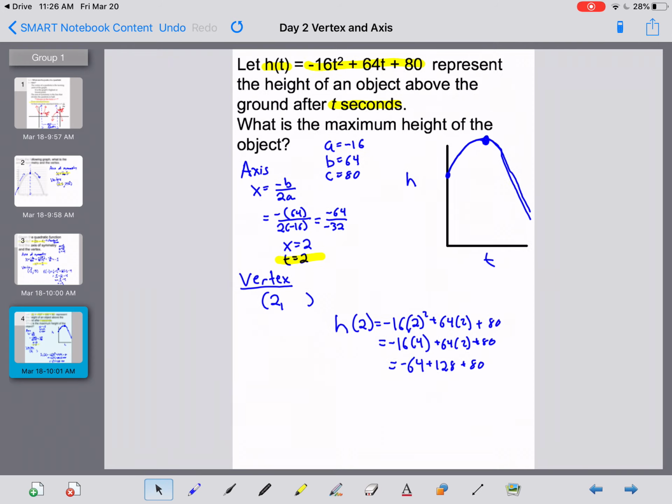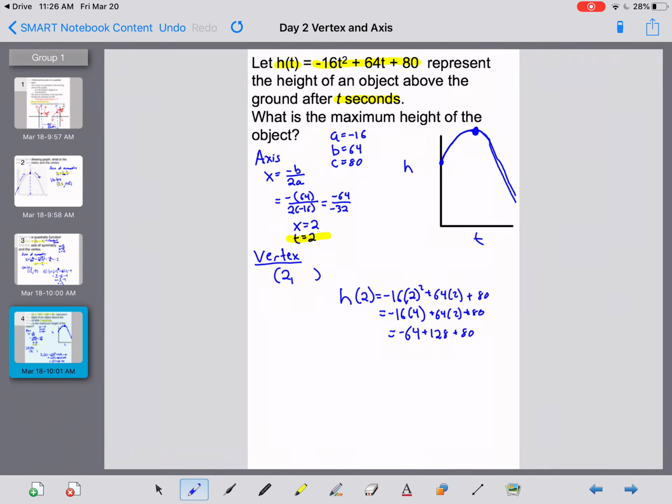When I continue to simplify, negative 64 plus 128 equals 64, plus 80, and 64 plus 80 is equal to 144. So the y value is 144.